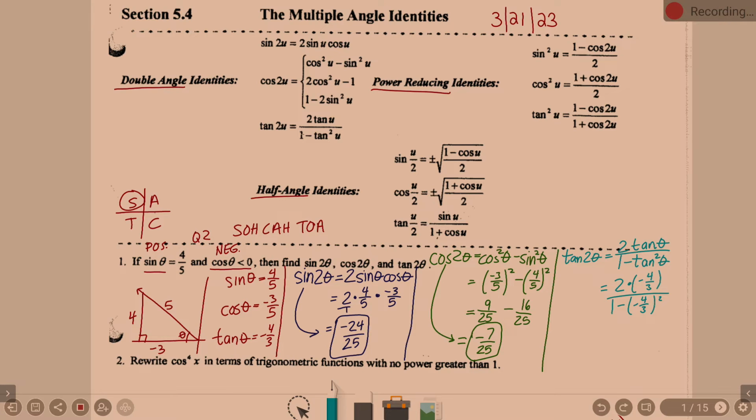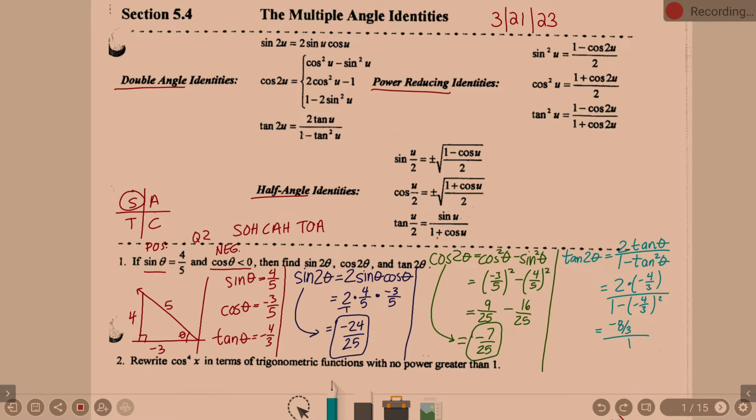Okay, so now we're going to do some math. 2 times negative 4/3 is negative 8 over 3. Over 1 minus, now we have 1 minus negative 4/3 squared. What is negative 4/3 squared? Positive 16 over 9.